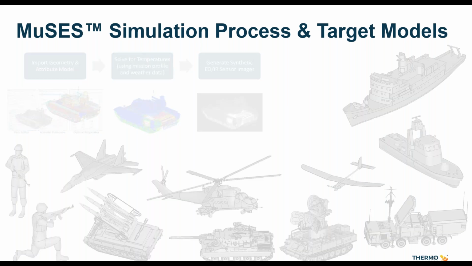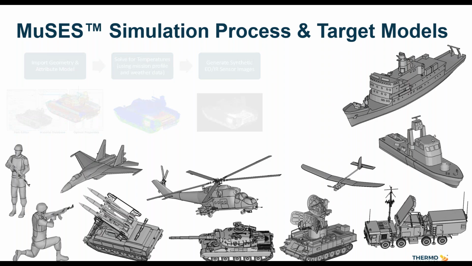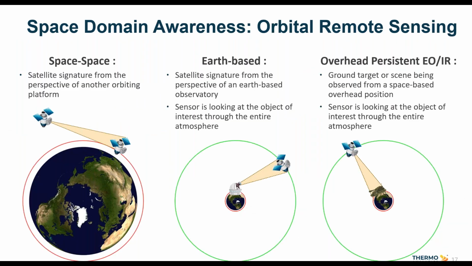And we've demonstrated and validated this for a variety of different applications, including ground, sea, air, human personnel. And so today we'll be talking about the addition of satellites into this target modeling process. There's a variety of different space domain awareness scenarios that one might be interested in for orbital remote sensing, including a space-to-space scenario where you've got a satellite that's being observed from another orbiting platform.